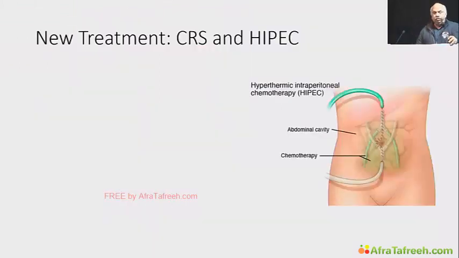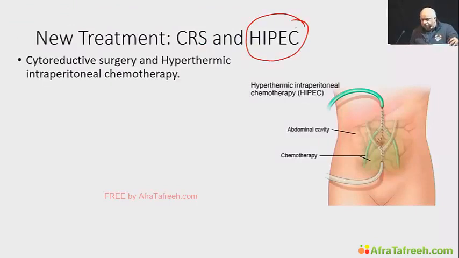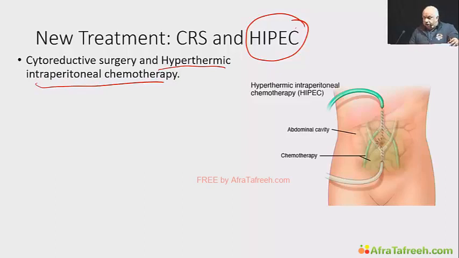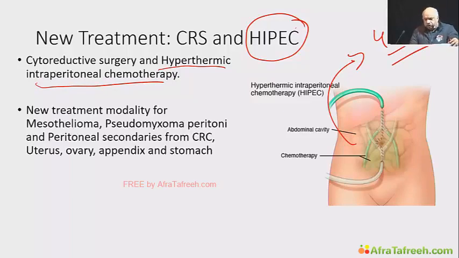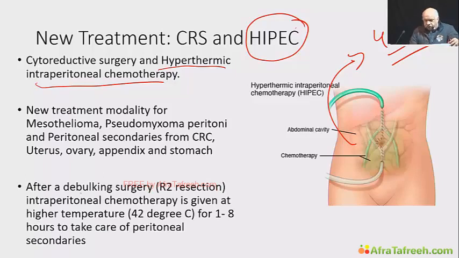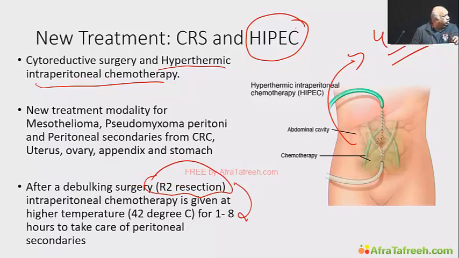In new treatment, we have one treatment called HIPEC, hyperthermic intraperitoneal chemotherapy. In the abdomen, temperature is taken up to 42 degrees centigrade. First you do surgery, R2 resection, followed by chemotherapy directly in the abdomen at 42 degrees.